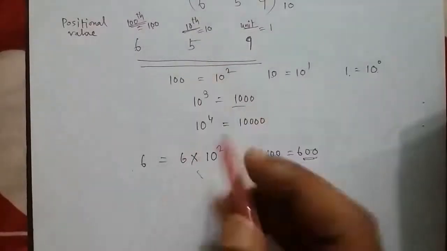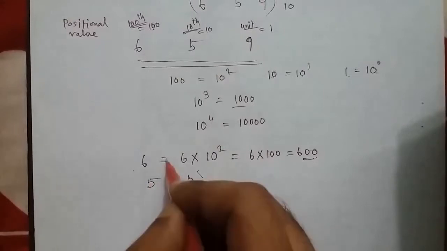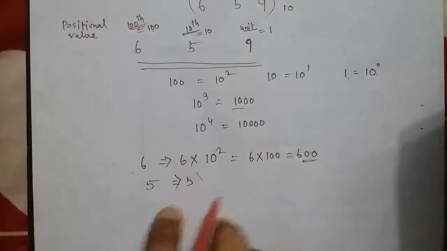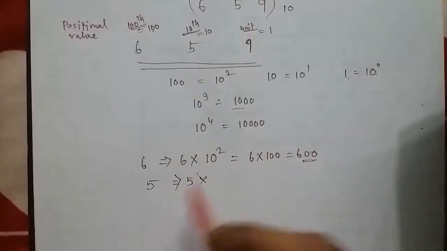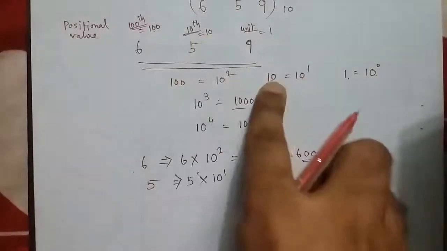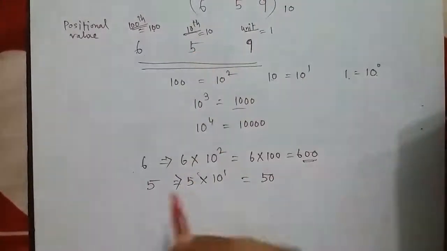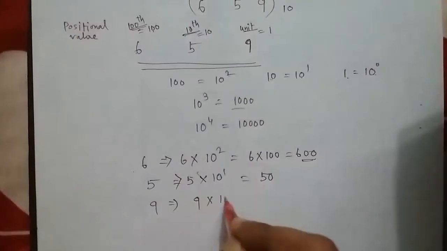Now 5. 5 represents how much? 5 represents 5 into 10 to the power 1. Okay, that's why 50. So 5 actually represents 50, and the last digit 9 actually represents 9 into 10 to the power 0.